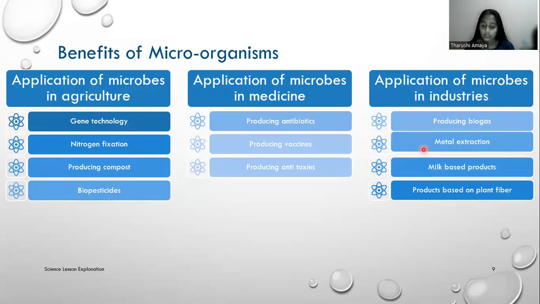The first one is gene technology. Gene technology means genetic engineering or genetic modification. Genes determine the properties of organisms and act as templates for making proteins. Gene technology is used to make golden rice and to make toxins for crop pests.